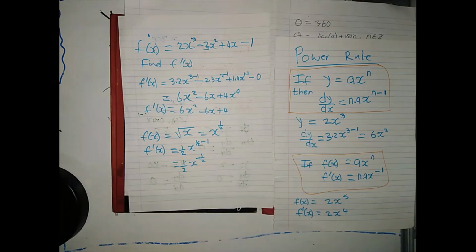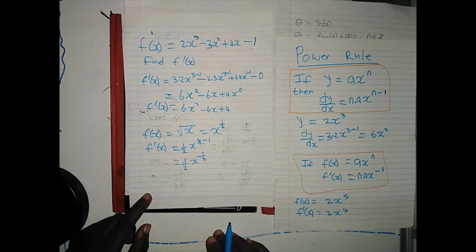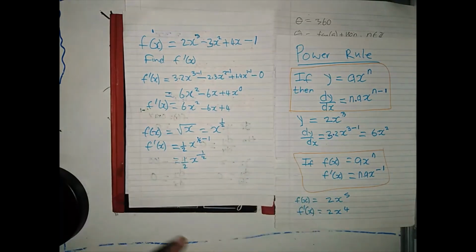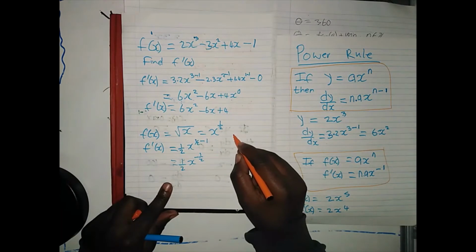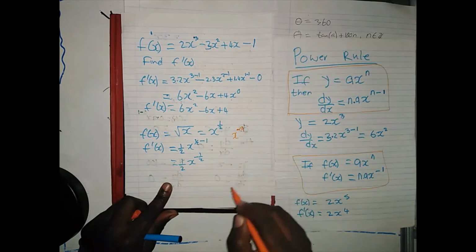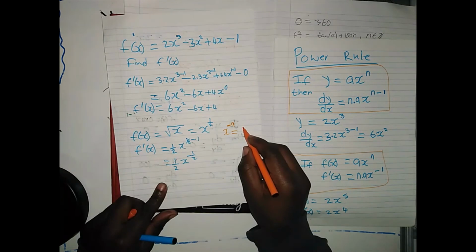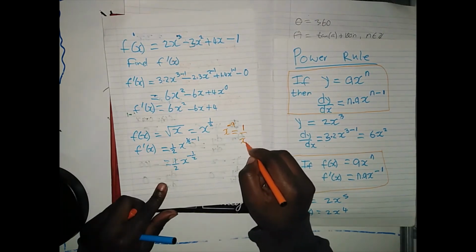Now in most cases, if not all cases, when you are supposed to find a derivative, they say you must always leave a positive power. So ladies and gentlemen, you all know that if you have x to the power minus a, you remember from the rules of exponents that it is equal to 1 over x to the positive a.